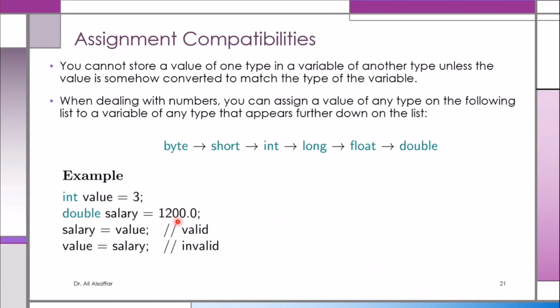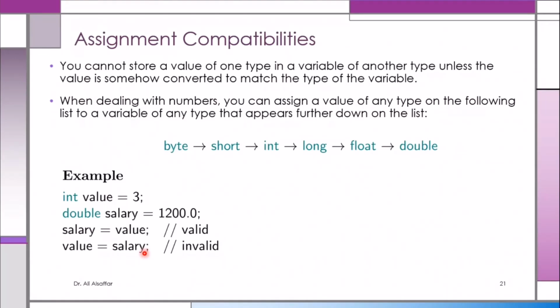As an integer, this number can fit into integer because the range for integer is very large. So suppose you want to tell Java, yes, I know you cannot move salary into value, but since the number is small and it can fit into integer, please convert it. So here we will ask for conversion.